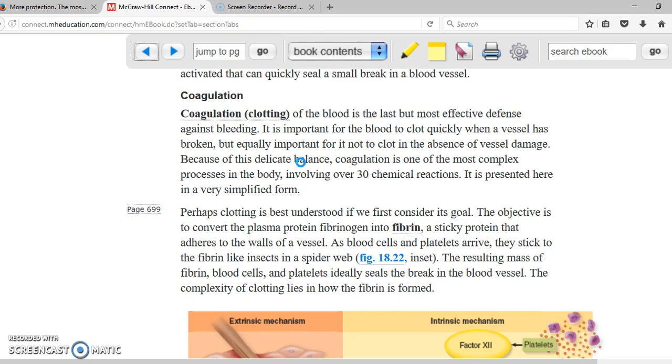So that means that there are a lot of times in which your blood vessel is not damaged, but since we have coagulating factors in the blood itself, you can initiate coagulation even though you are not bleeding, or at least you are not seeing the blood coming out of your body.